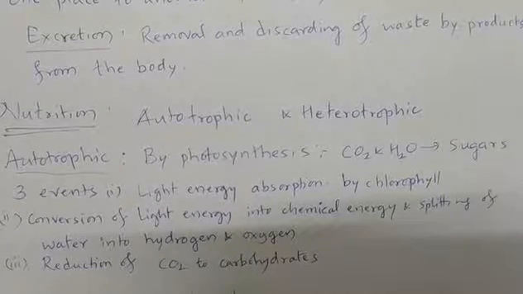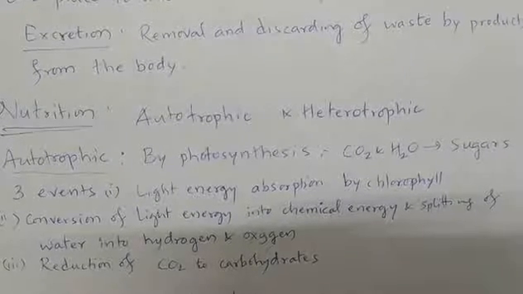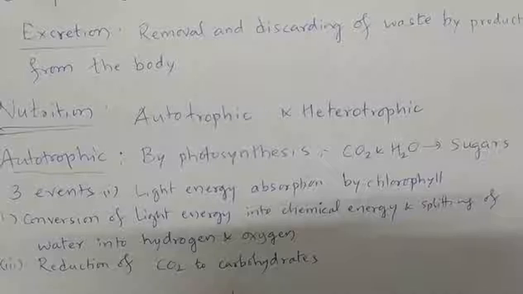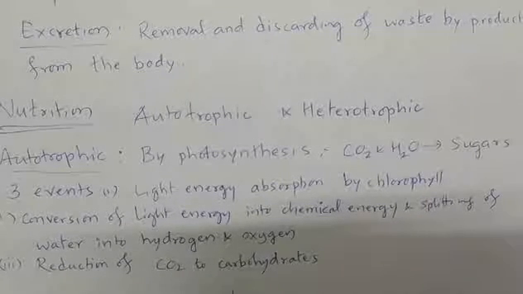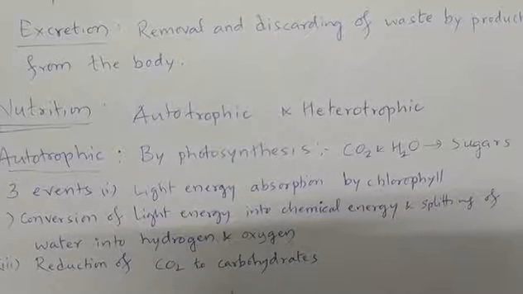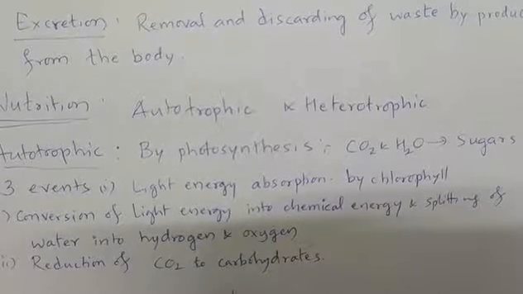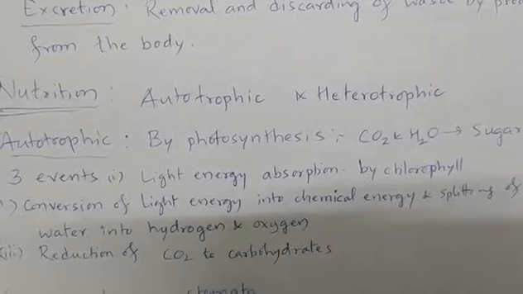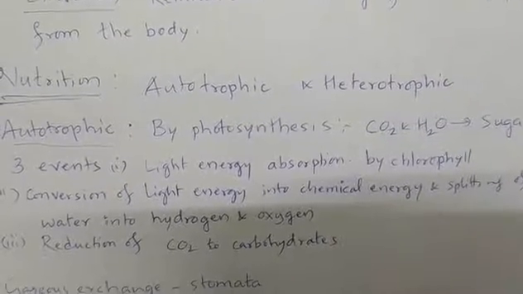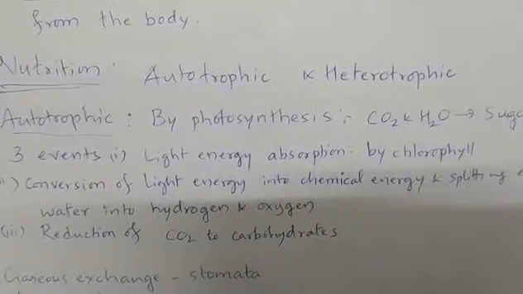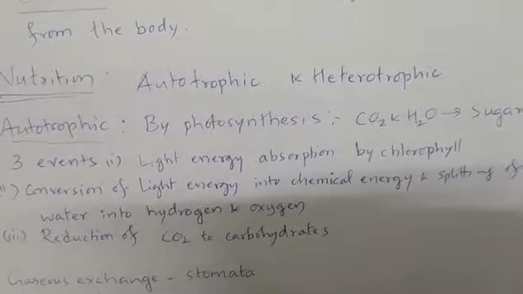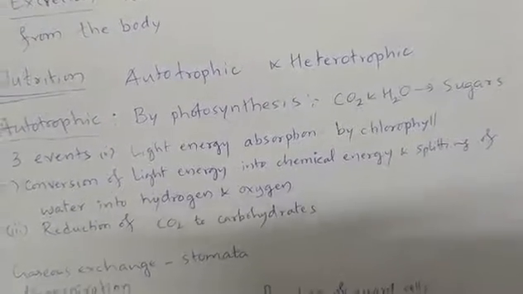Second event is conversion of light energy into chemical energy and splitting of water into hydrogen and oxygen using this chemical energy. Then reduction of carbon dioxide to carbohydrates. These are the 3 events that take place in photosynthesis.